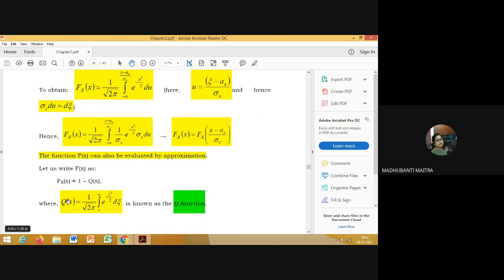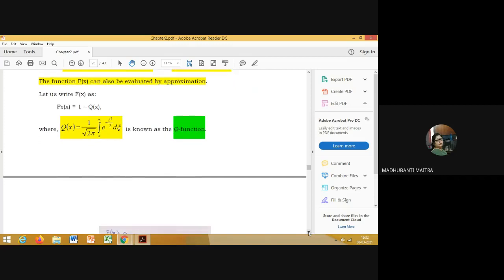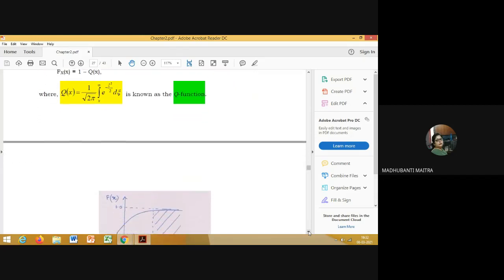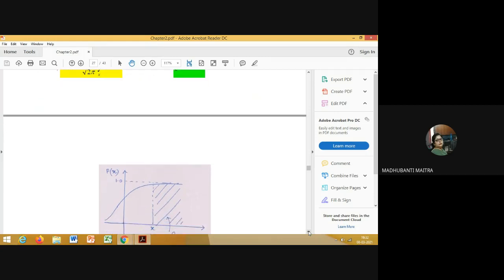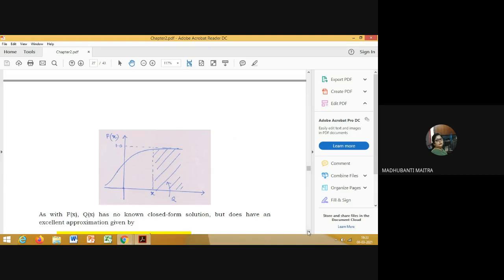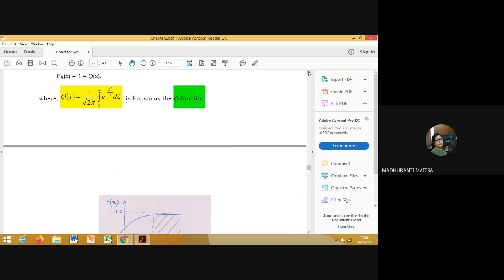So this Qx is known as the Q function, and this integral is very important. If you take the honors paper in final year, principles of communication engineering, then you'll find that with the help of this Q function, we can find out the performance or bit error rate. Bit error we discussed in the last class.